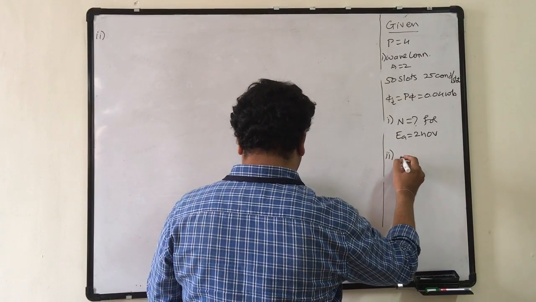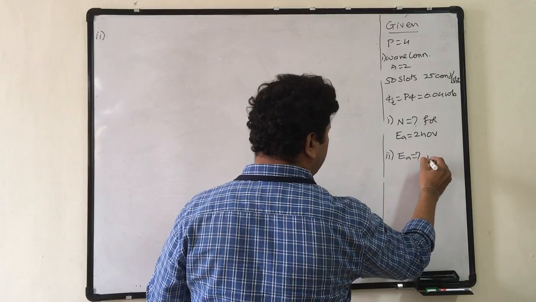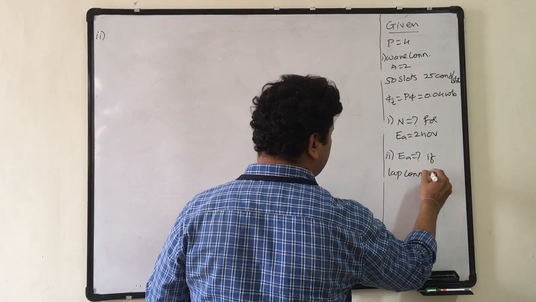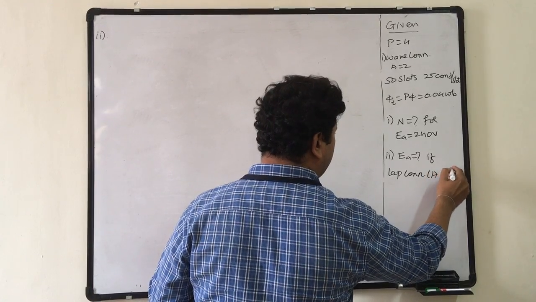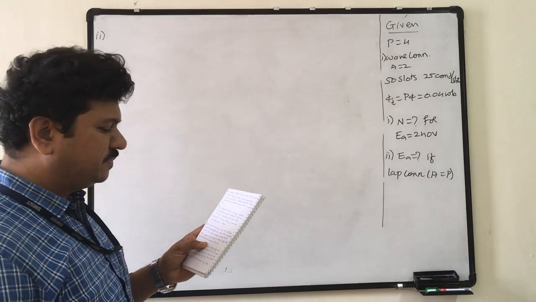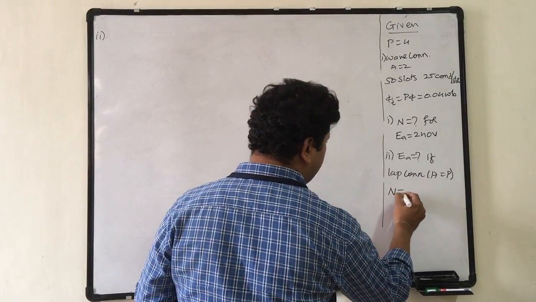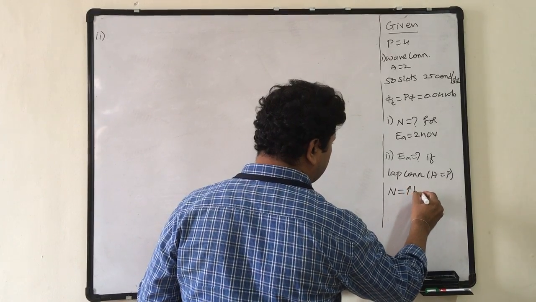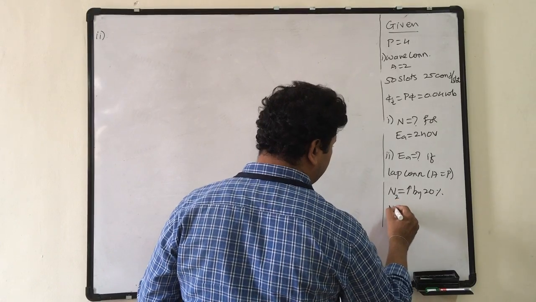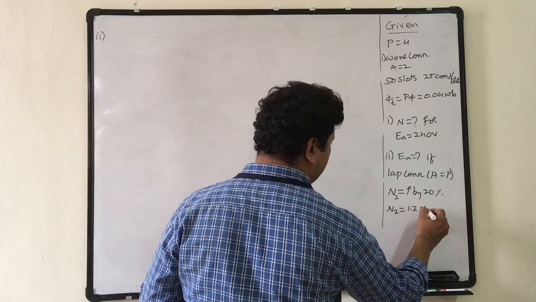Second case, what is generated EMF if lap connected, that is A equals to P, and armature speed is increased by 20%. Now speed is increased by 20%, that is N2 is equals to 1.2 N1.